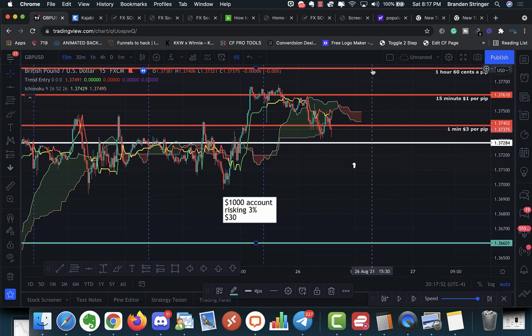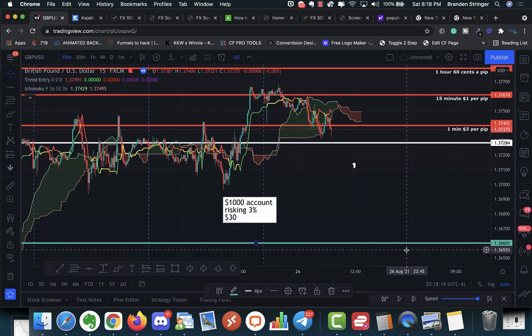And since it was like 60 cents a pip, we'll just say 50 cents a pip to keep it simple, it was $50. So the person who did the hour made $50. The person who did the current time frame, 15 minutes, made $100. And the person who did the sniper entry, that was patient and got really good at their stop losses, made $300.